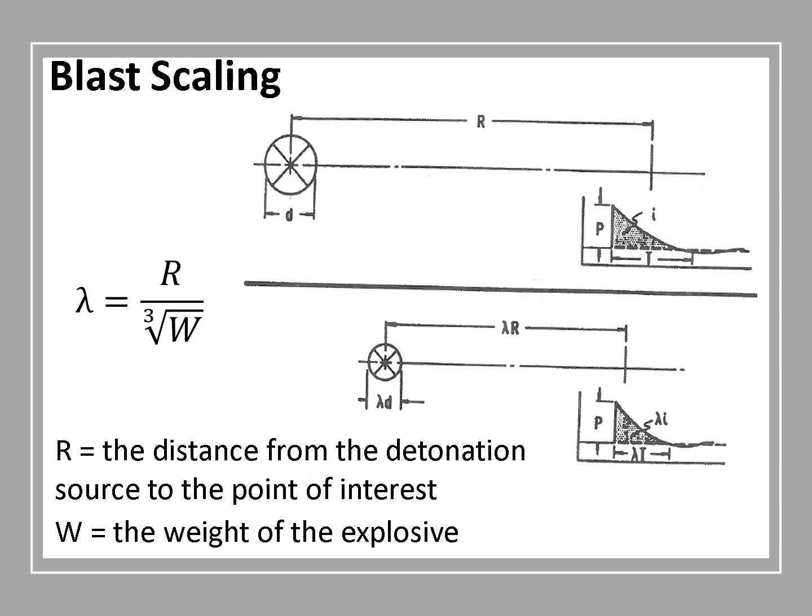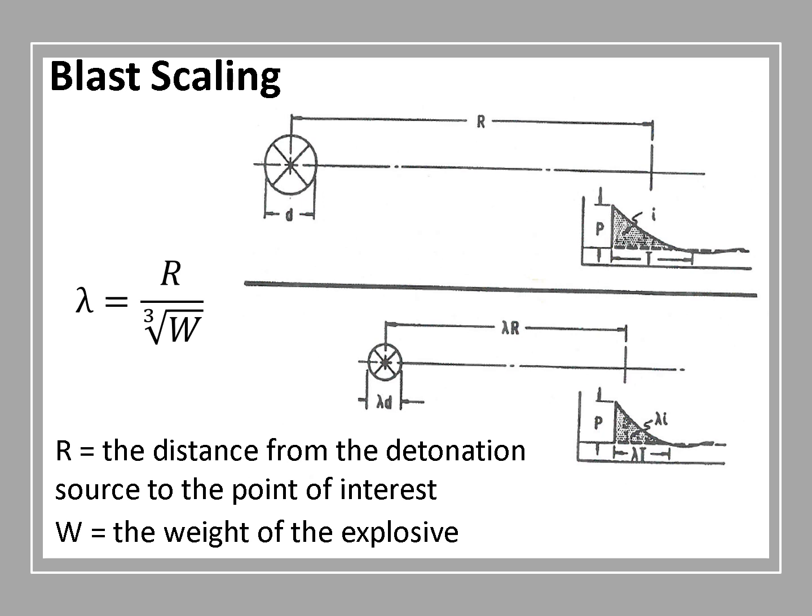It will produce at this point a blast wave of peak overpressure P, impulse I, duration T, with arrival time T sub A. If we calculate lambda, according to the cubic root shown in the equation, then according to this scaling law, a blast wave with the same peak overpressure P in similar form would be produced at this point by another explosive of size lambda d, located at distance lambda r.